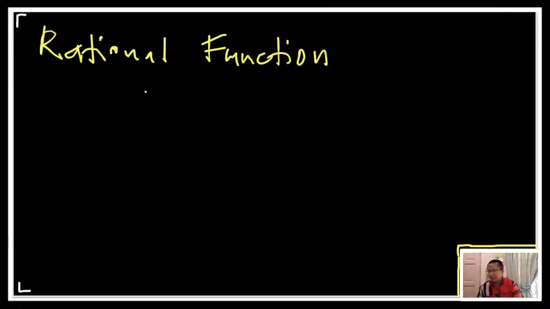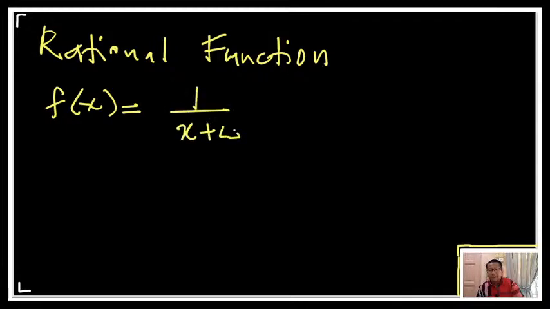So, for example, we have f(x) equal to 1 over x + 4. The denominator is a polynomial. The numerator is also a polynomial. Polynomial over polynomial. The domain is all real numbers except for x that makes the denominator become 0.